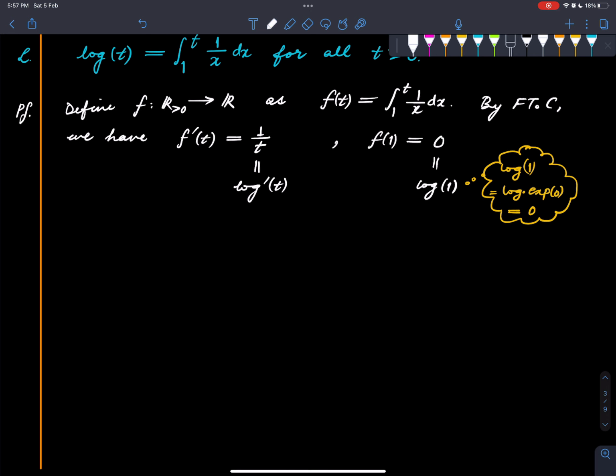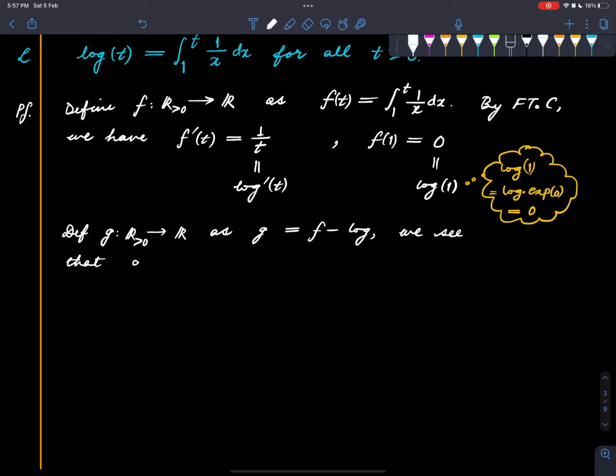So what we see is that if we define g from positive reals to reals as g equals f minus log, we see that g prime is 0 everywhere and g of 1 is 0.